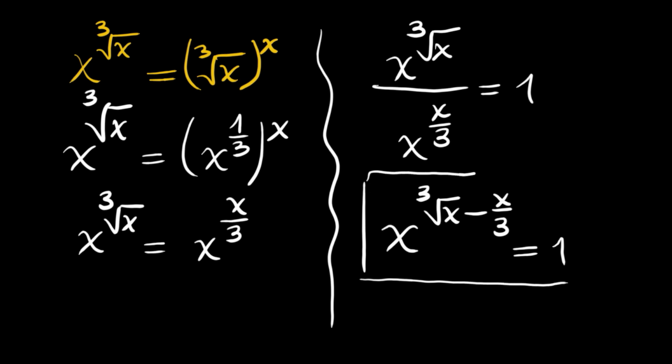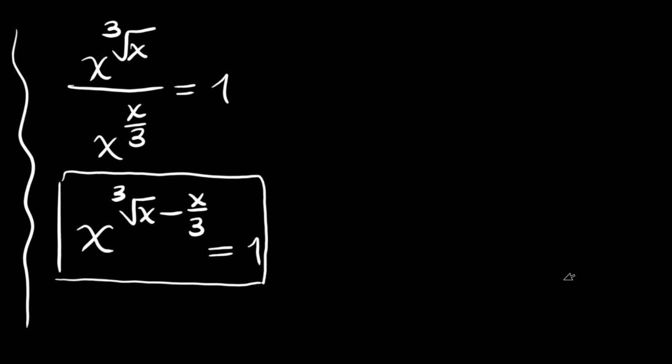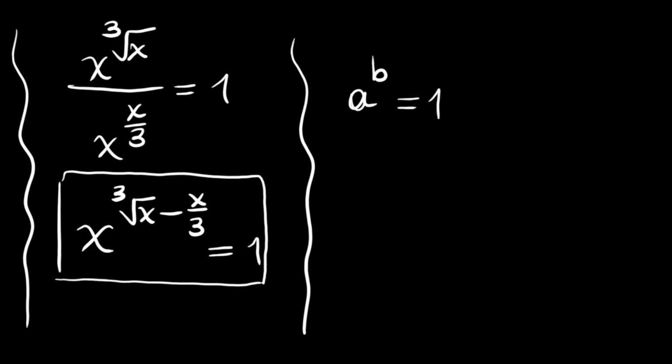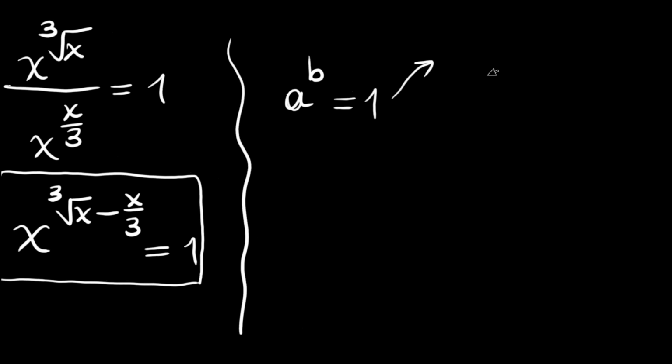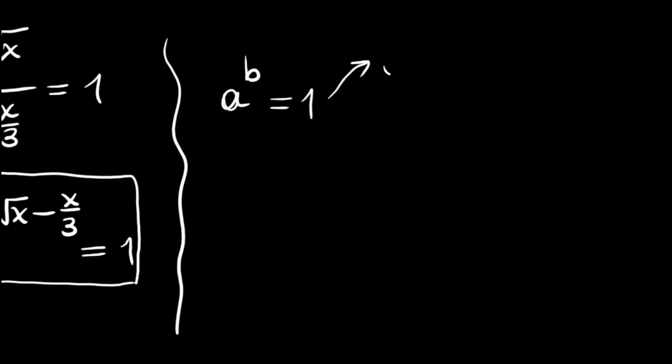Now let me remind you about the exponential which is equal to 1. If a to the power of b is equal to 1, then we have 3 options. The first one is if a is equal to 1, then we are done.